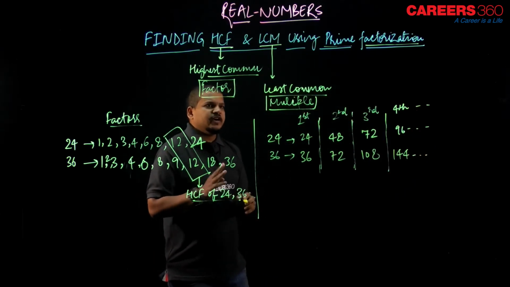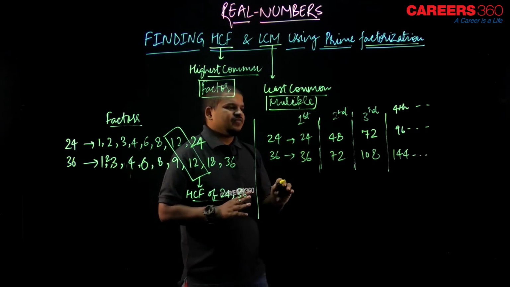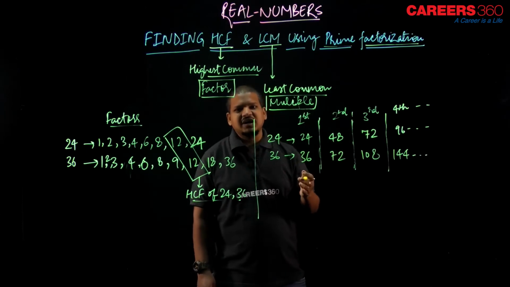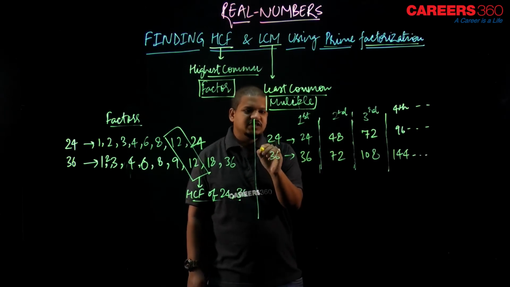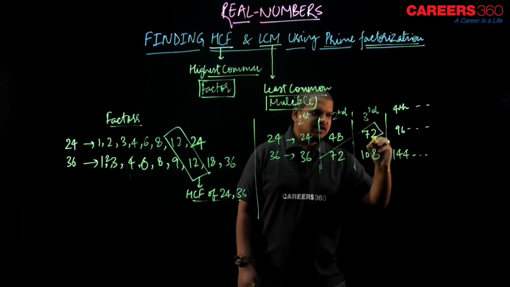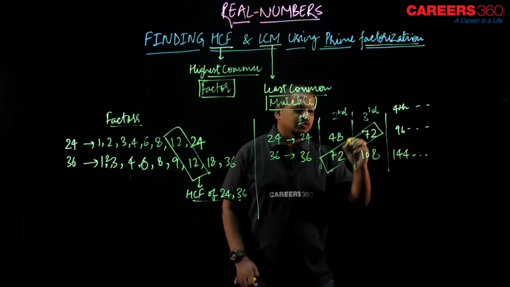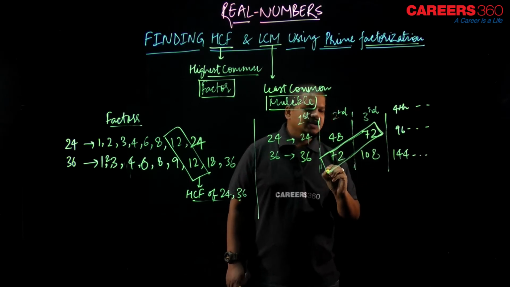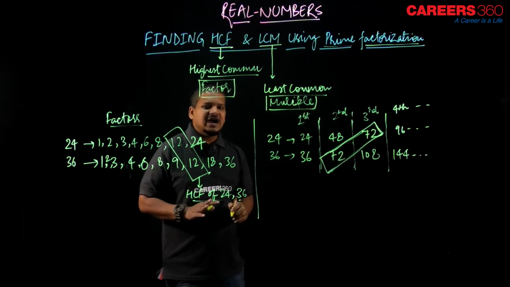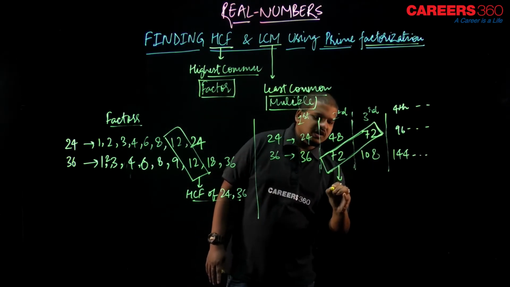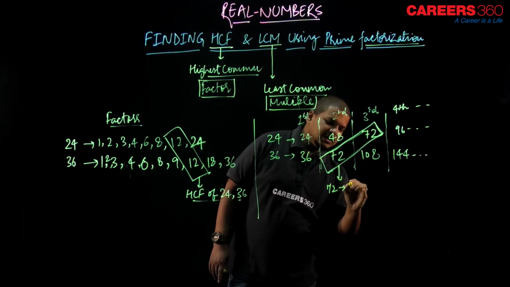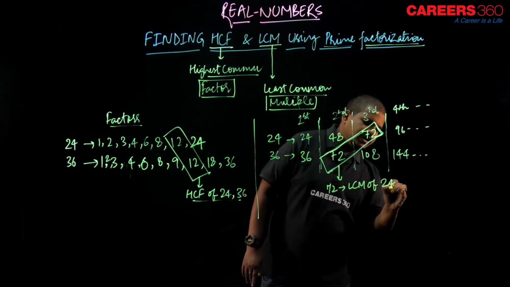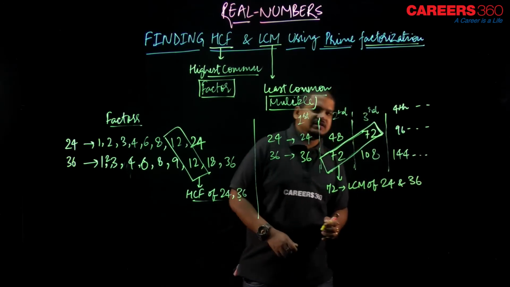Now you have to find out the least common multiple. The first multiple that is common between these two is nothing but this 72. 72 is a number which is common between 36 and 24. So here 72 will be the LCM of 24 and 36.